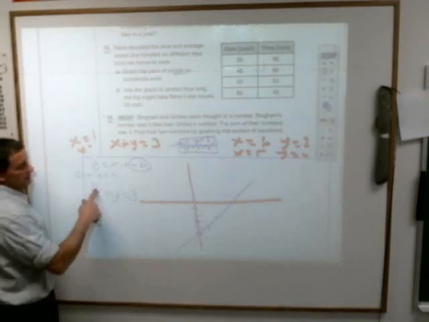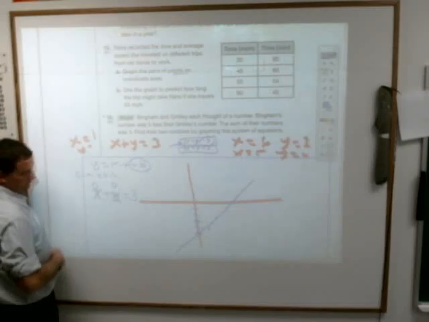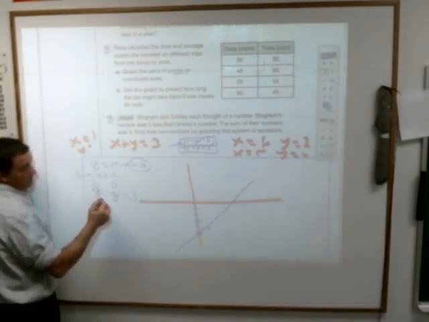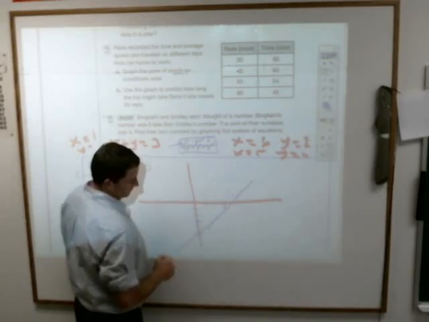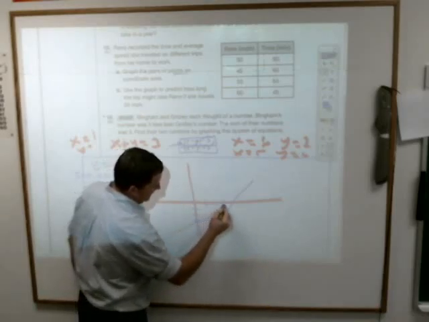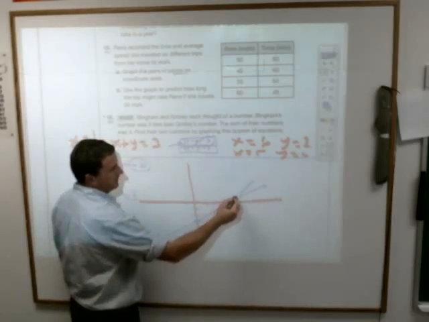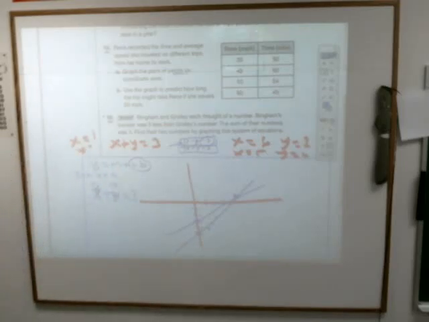You can find where it crosses the x-axis by putting 0 in for y. Where does it cross the x-axis? 3. So here at x equals 1, 2, 3, and then bam, you got your 2 points, you graph the line, and the place where those two will cross, hopefully, is the answer.